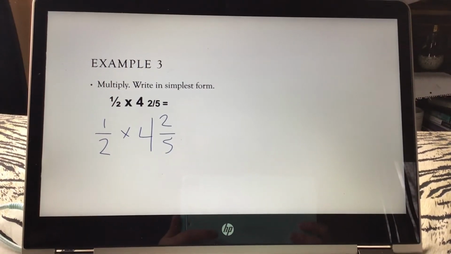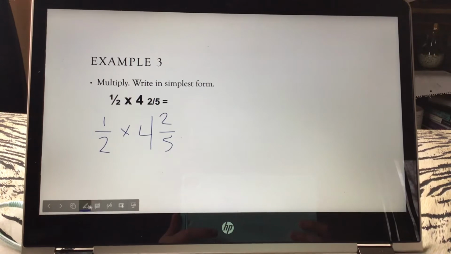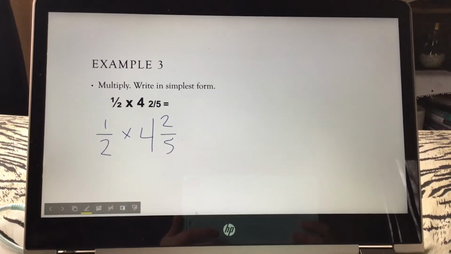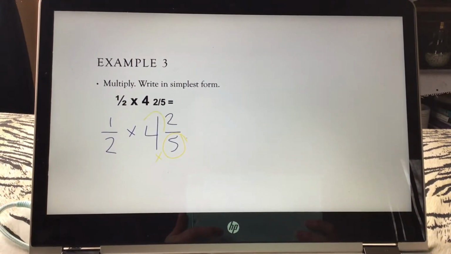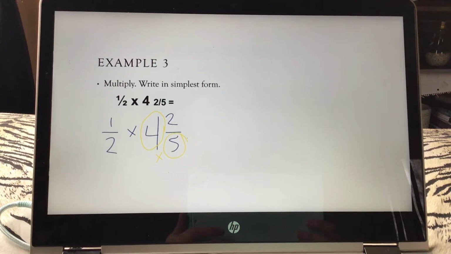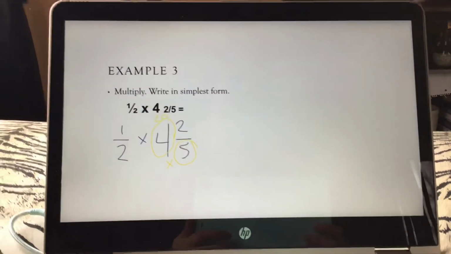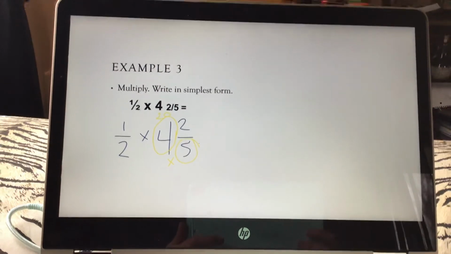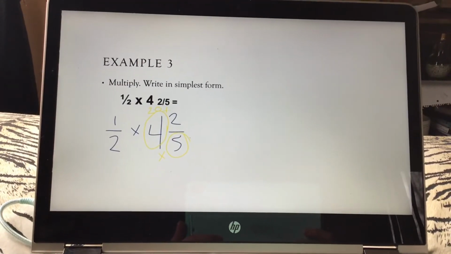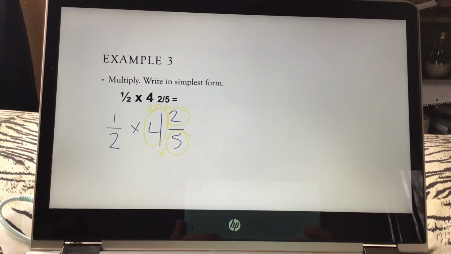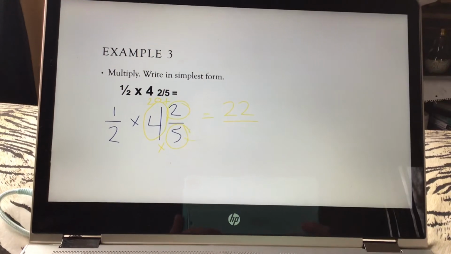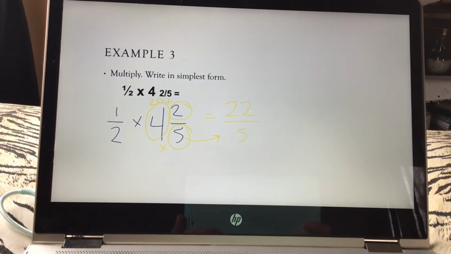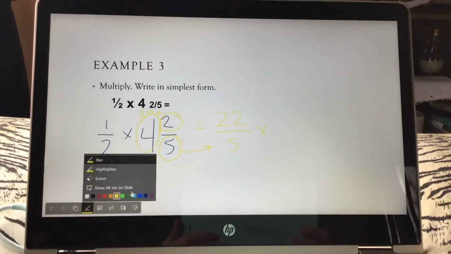I take my denominator, 5, and multiply it with the 4. 4 times 5 is 20. Then you add the numerator: 20 plus 2. We get 22 over 5, keeping our denominator the same. So that is 22/5.